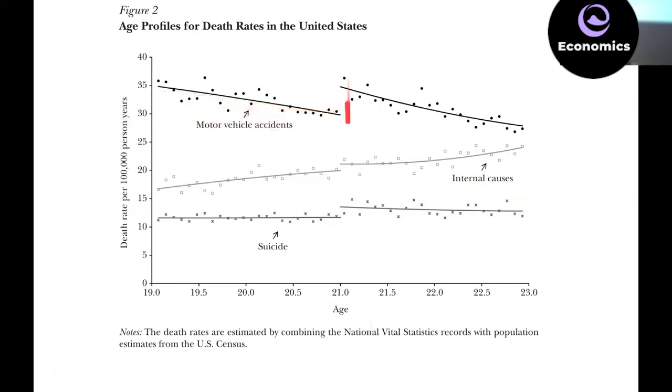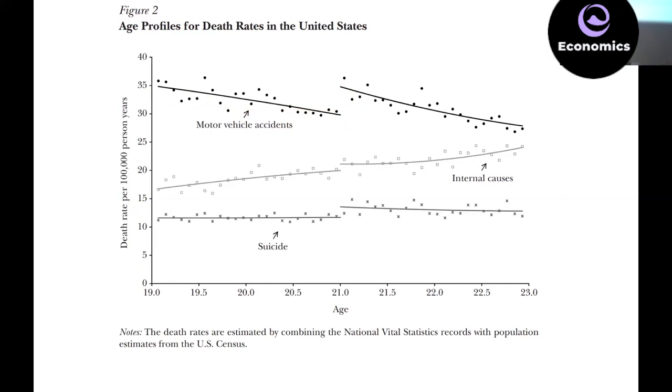But the jump here demonstrates the discontinuous shift in the probability. And what changed there? No other thing except the minimum legal drinking age. So this paper illustrates that, wow, not all people, but a large enough number of young people, when they turn 21, can purchase alcohol legally.